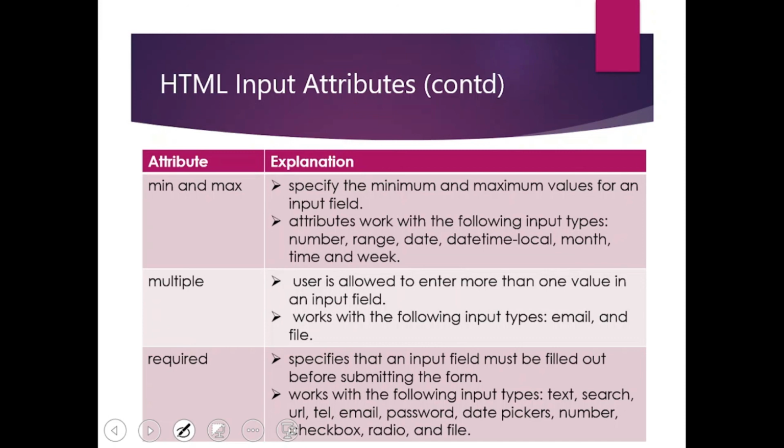Then we already saw how to use multiple in the select box. We can use multiple also when we are inserting input type. That is, not only one email ID or one file, you can attach as many as possible so that you can take more and more input onto your page. That is possible with the help of an attribute called multiple.